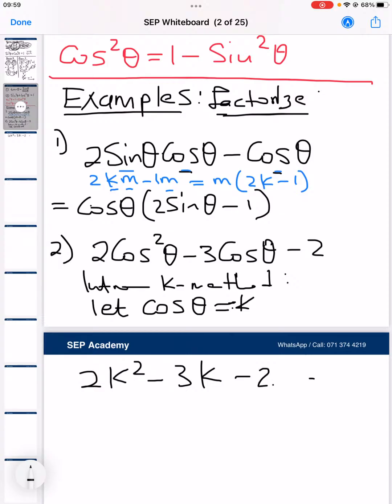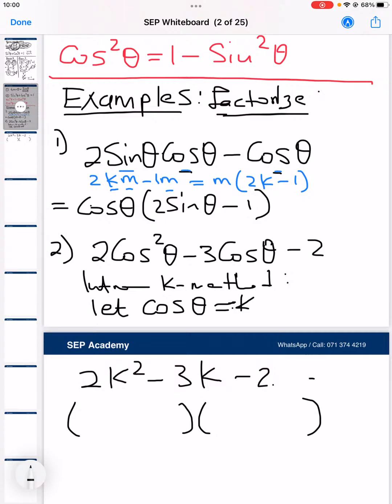You now have a quadratic equation whereby you can use your quadratic formula to factorize. I'm pretty sure that by now you do know how to factorize. Assuming that you do not, I will say x equals negative b, where our b in brackets is negative 3, plus or minus the square root of b squared, negative 3 squared, minus 4 times a times c, negative 2, over 2a, which is 2. It gives us a 2.